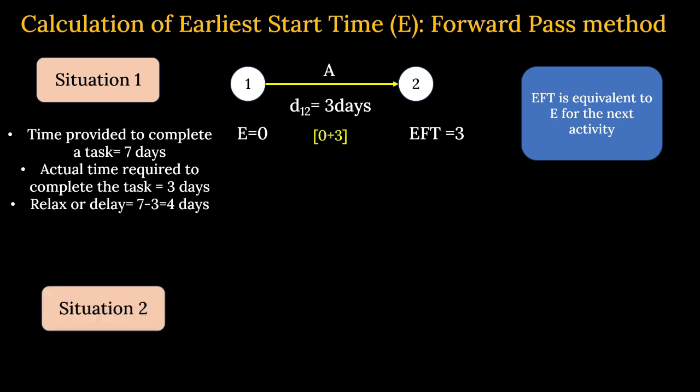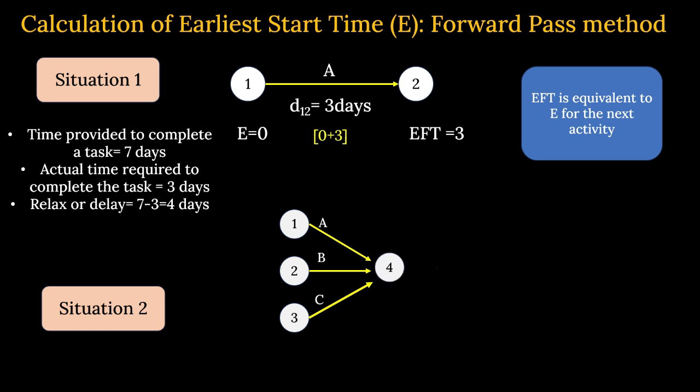Let's take another example, and here the situation is like this. Here you can see one activity A, another activity B, another activity C, all converging to one point, node 4.